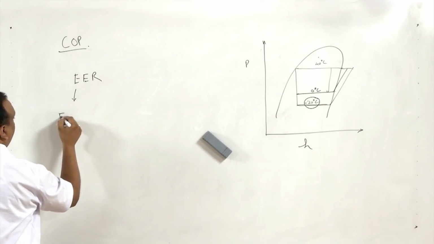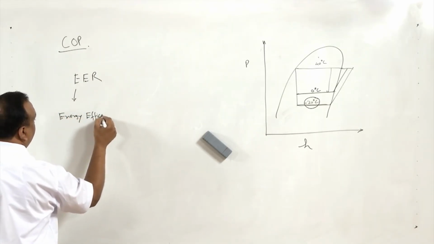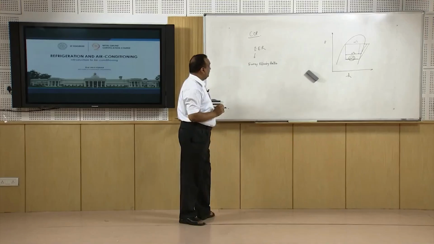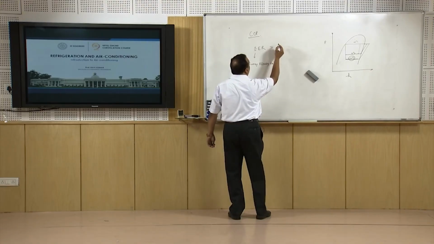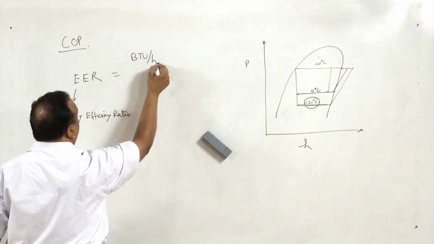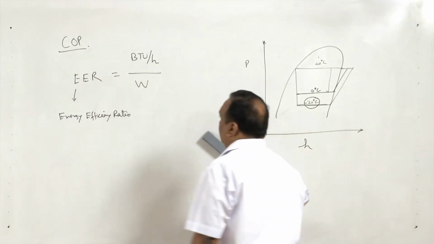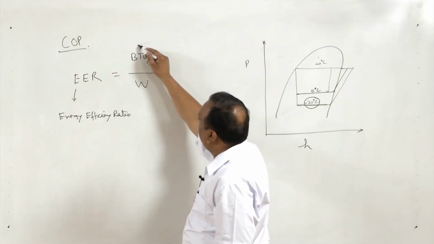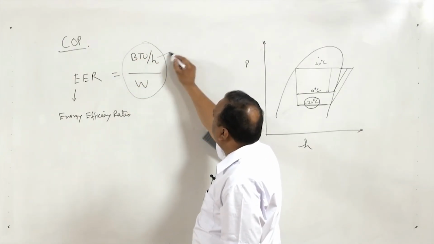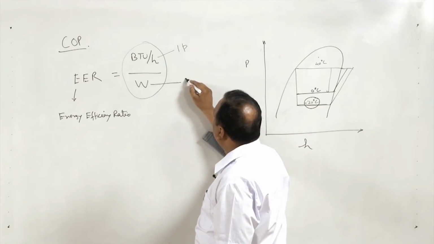Energy efficiency ratio is nothing but a ratio of heat transfer in BTU per hour and energy consumed in watts. Now, here itself you can see that there is a mixed unit. BTU per hour is energy transfer rate in the inch-pound system and W is the heat transfer rate in SI system.